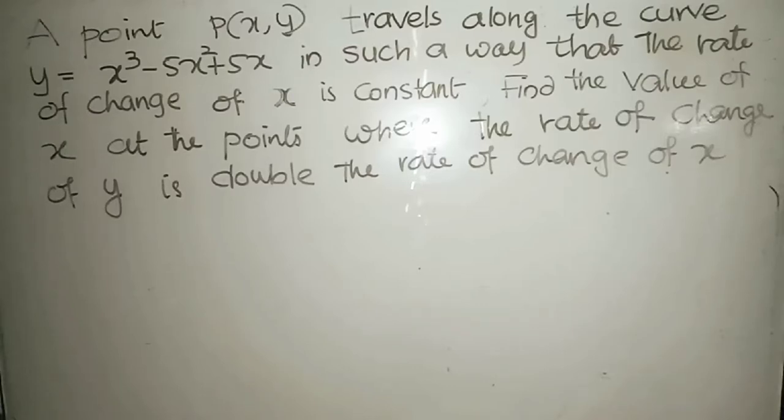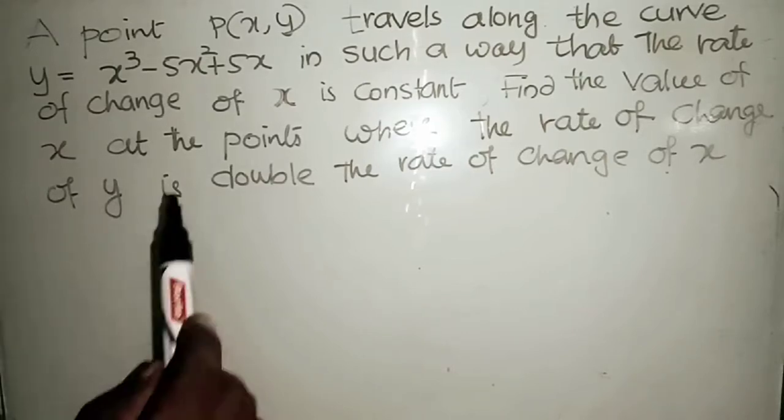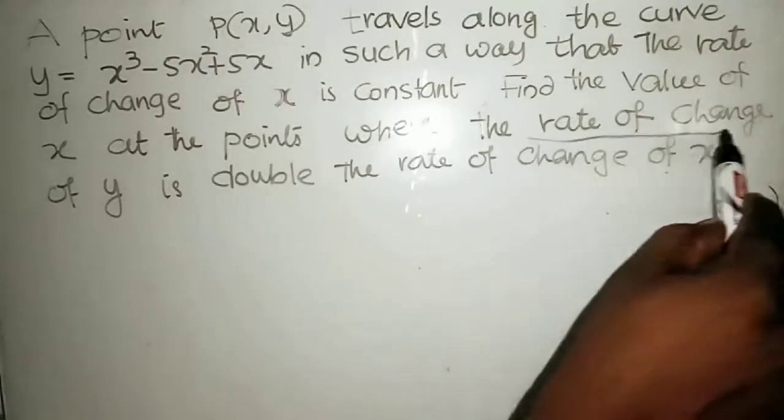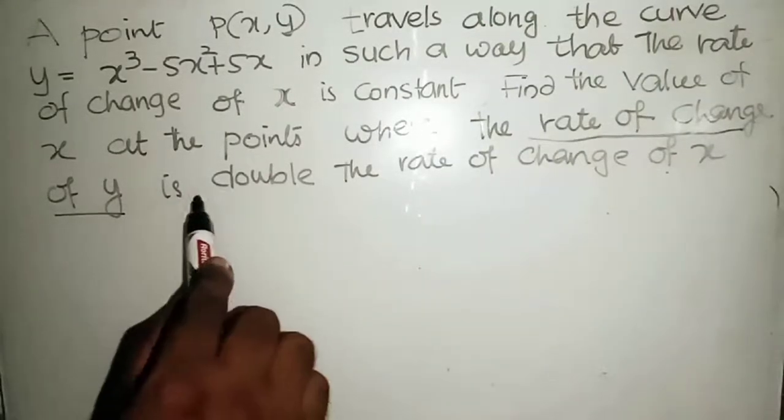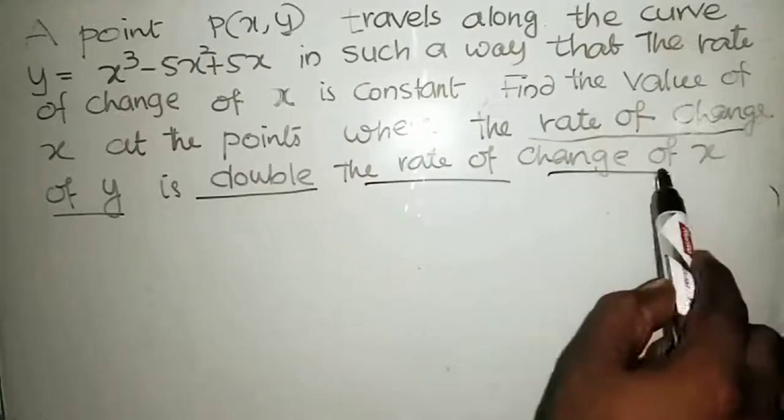So let's see what to do for this question. Here only the equation of the curve is given. You cannot find anything else, but instead of giving all those points, one sentence is given. What is that? The rate of change of y is double the rate of change of x.